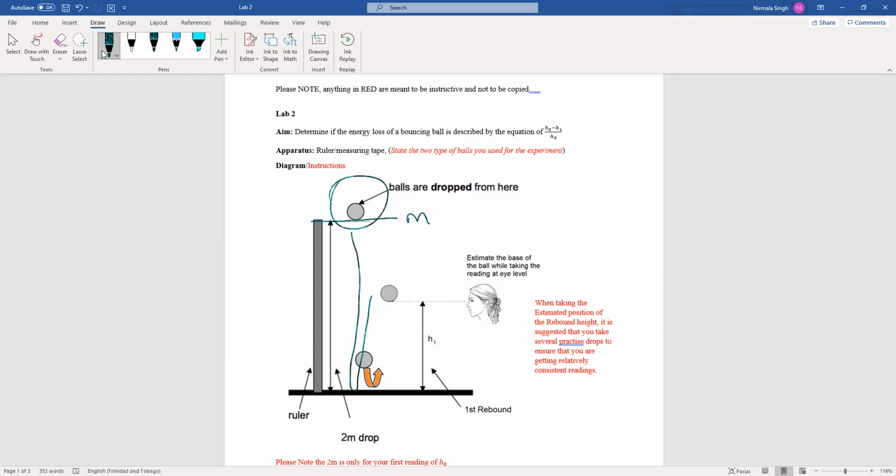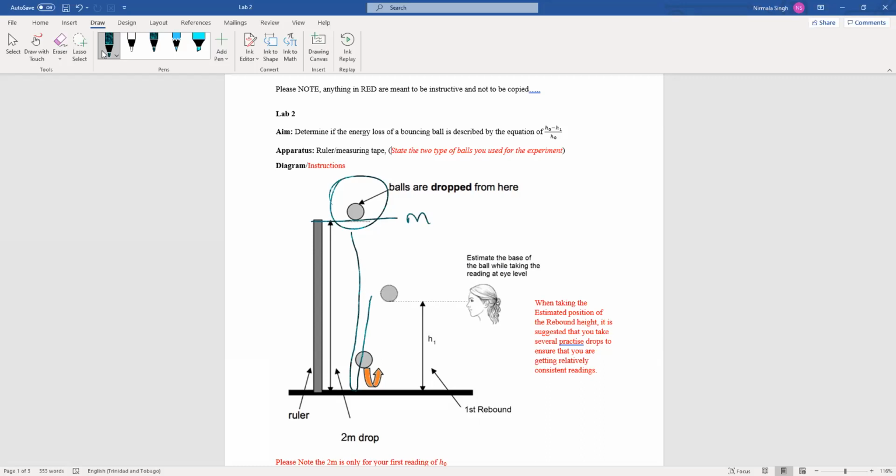And what I do tell students, have the person drop it from 2 meters first, and you see where it bounces to. You're going to get pretty consistent readings, but so that your eyes train and you are able to read off that reading pretty accurately, drop it several times before you decide to take your reading.